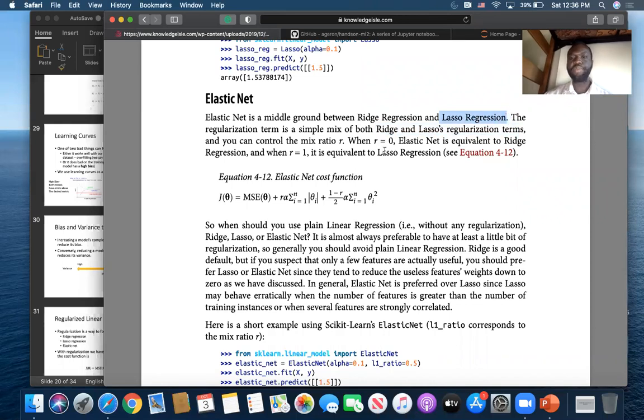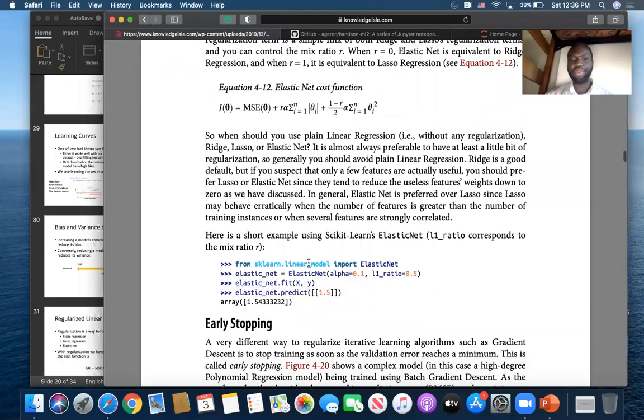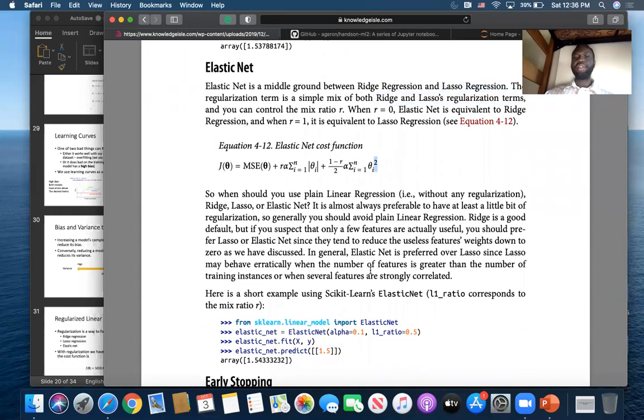I think ridge is the meaner one. So he's saying this one's somewhat like the in-between between the two of them. Yeah. And once again, the formula is slightly different. If you notice, he adds the 2 here, because when we do that, it should cancel it out.